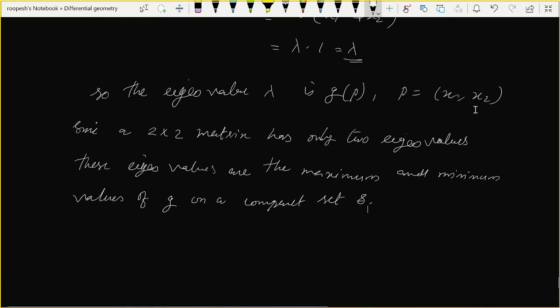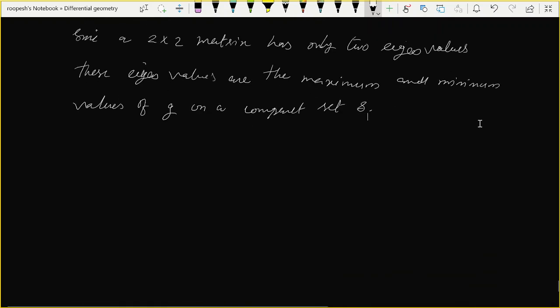So since a 2 by 2 matrix has only two eigenvalues, one should be the maximum and one should be the minimum. There are level curves of the function. So let us examine what this G is.